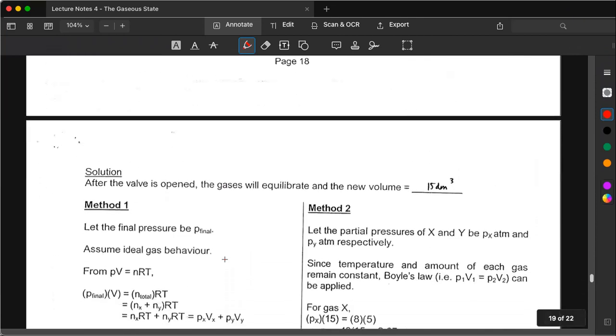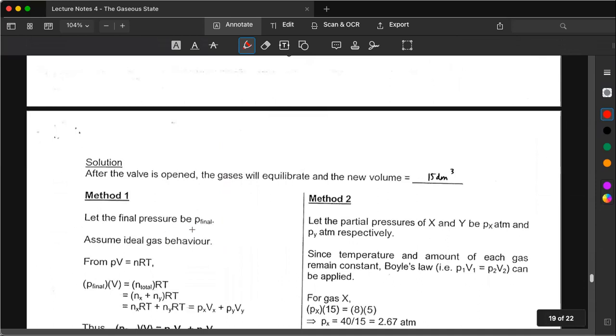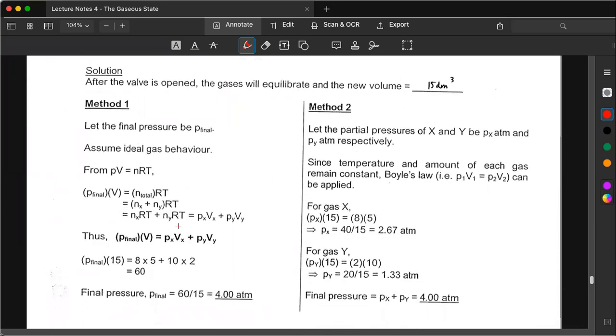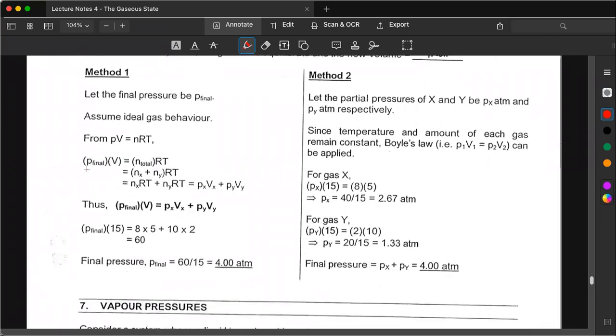Now, let's make the final pressure be P final. Just use the ideal gas equation, assuming ideal gas behavior. You can do that actually by writing this statement, totally fine. And then P final times V equals nRT, n total.